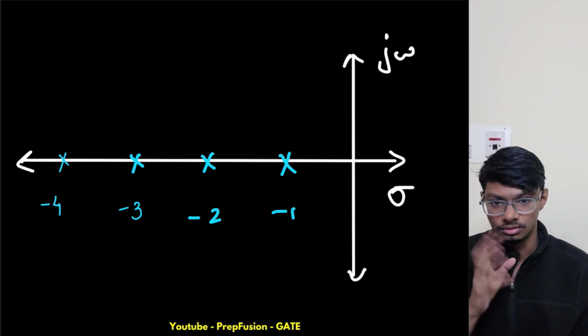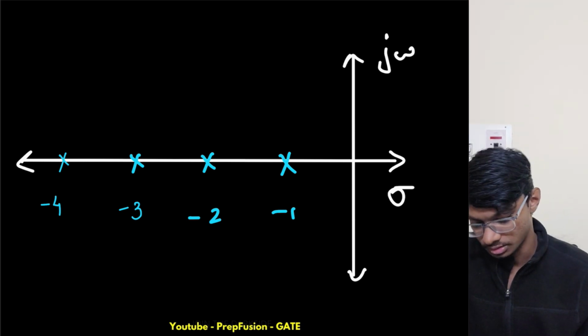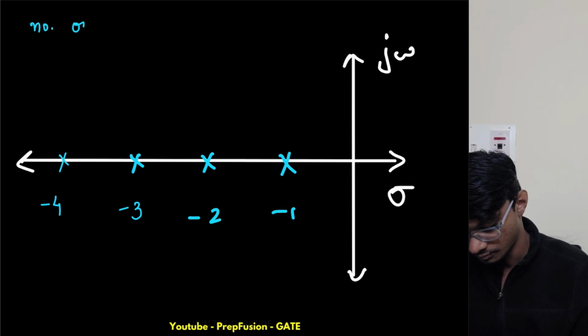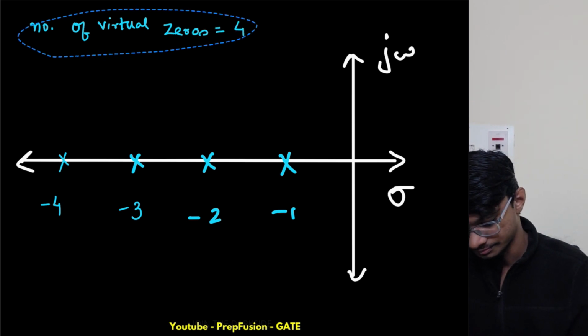So I have 4 roots basically, so I will have 4 branches. Number of virtual zeros I will have is 4.